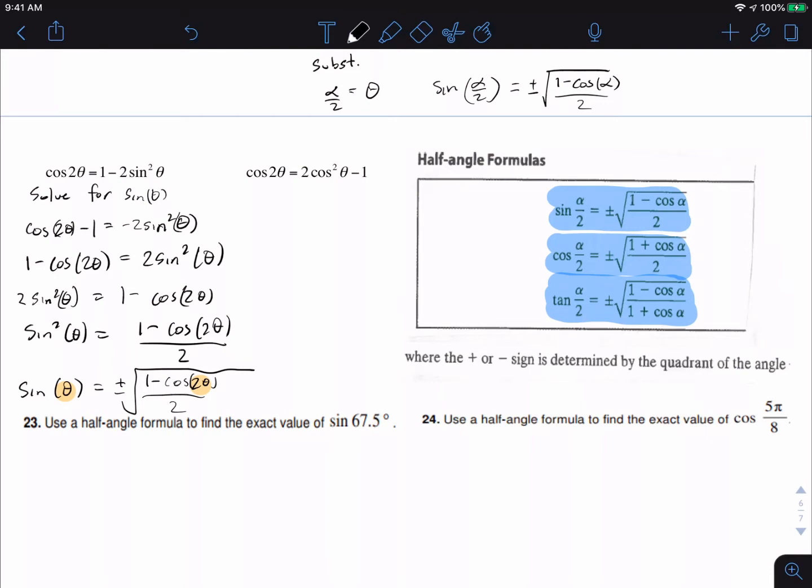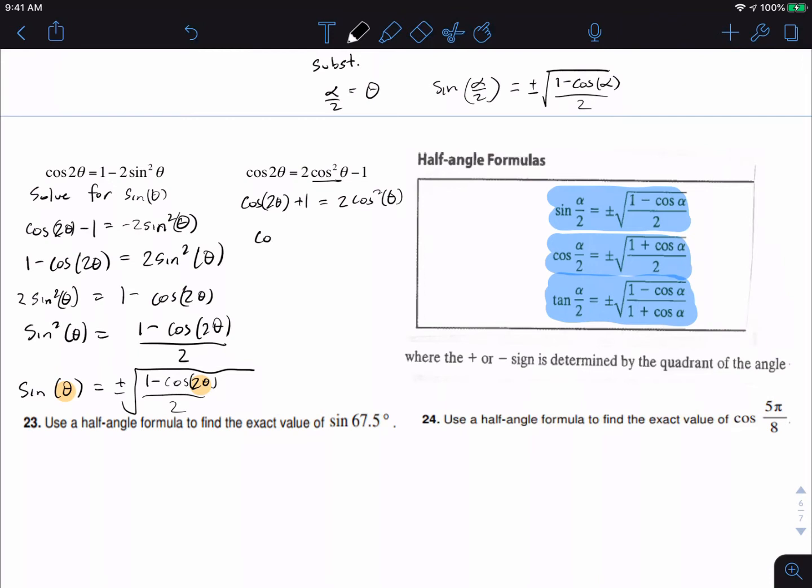Okay? And I'm going to do the same thing for cosine. So to solve for cosine of theta, I'm going to solve for this guy right here without getting rid of the square root. So I'm going to have cosine of 2 theta plus 1 is equal to 2 cosine squared of theta.